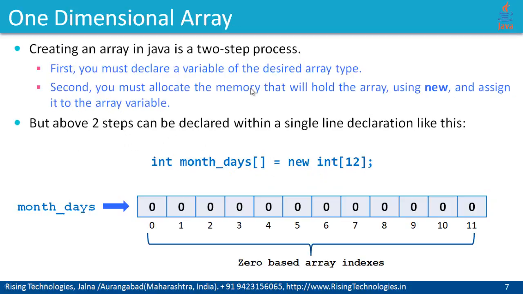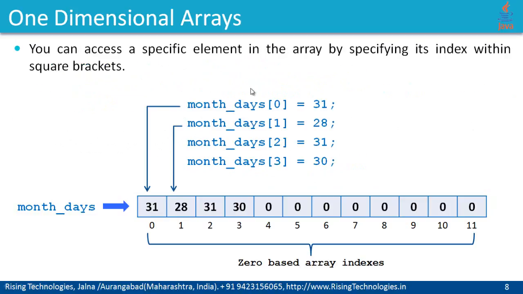Okay, so once you have declared an array, you can access each and every array element on the basis of index. So you can access a specific element in the array by specifying its index within the square brackets. So we have just seen how to declare this array.